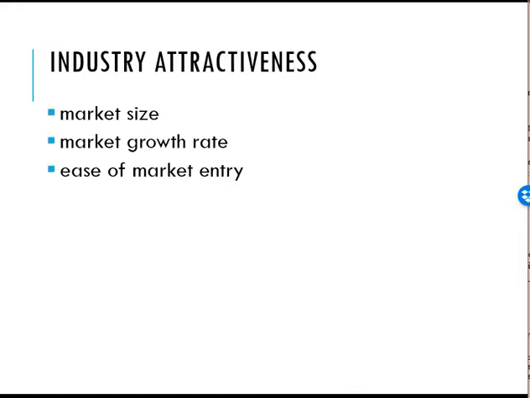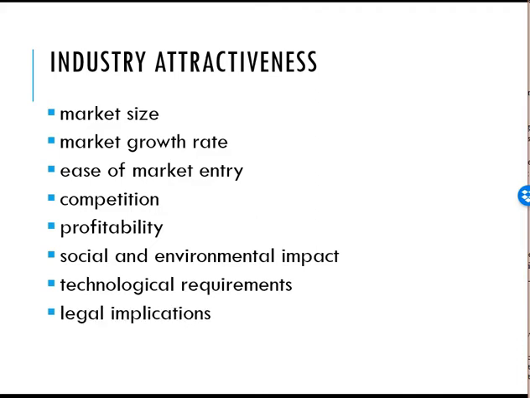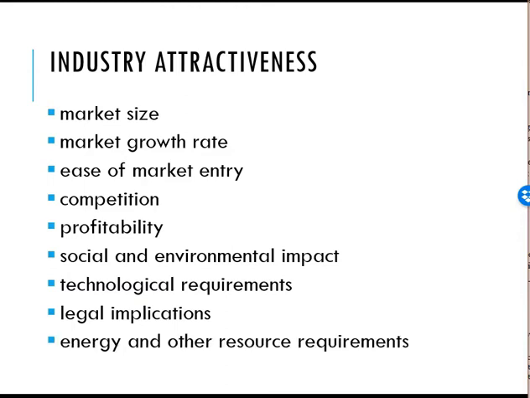Last but not least, we talk about industry attractiveness regarding market size, market growth rate, how easy it is to enter this competitive market, who are the competitors, how profitable is it, what are our social and environmental impacts or technology requirements to get into this particular industry, the legal implications, or other business requirements.